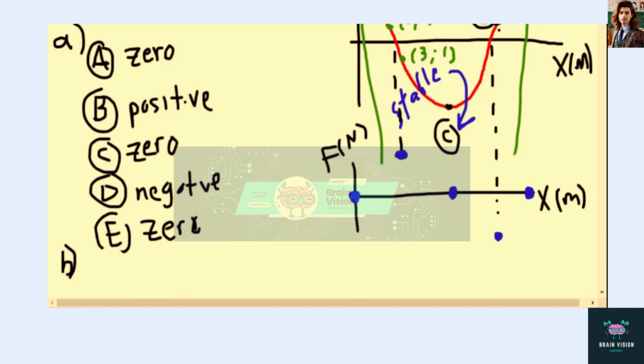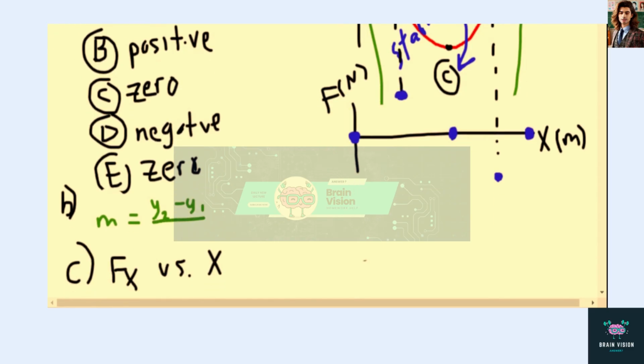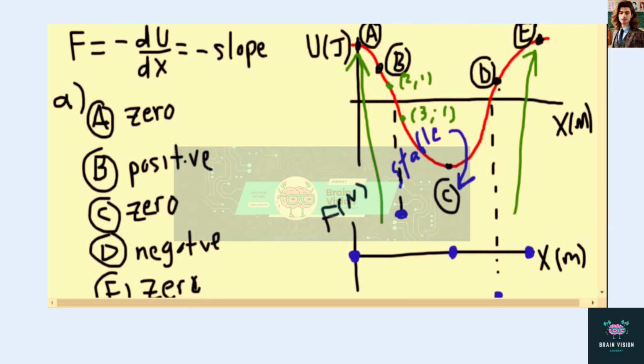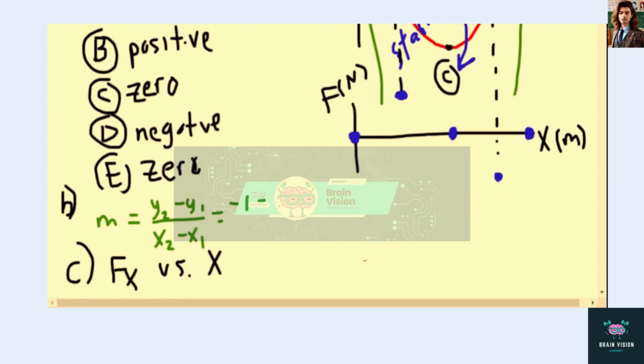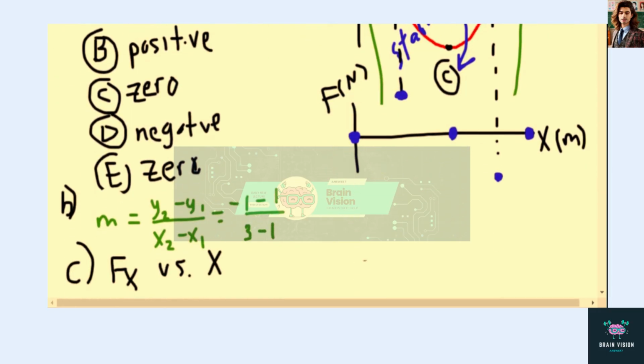So my slope is going to be y2 minus y1 over x2 minus x1, so -1 minus 1 over 3 minus 1. It's going to be -2 over 2, which is -1.